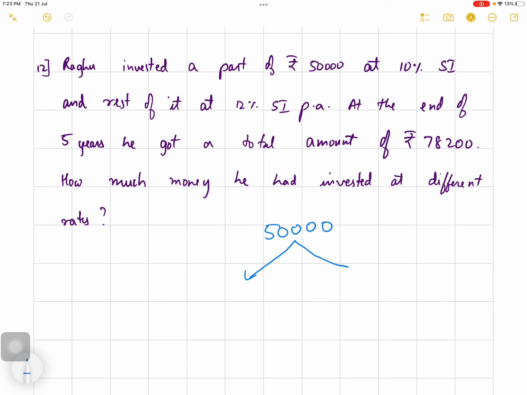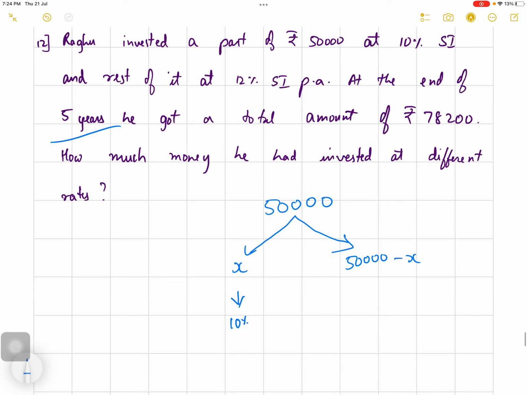Suppose one part is x, so the other will be 50,000 minus x. Suppose he invested x at 10% simple interest, and time is given as 5 years. And this 50,000 minus x he invested at 12%.